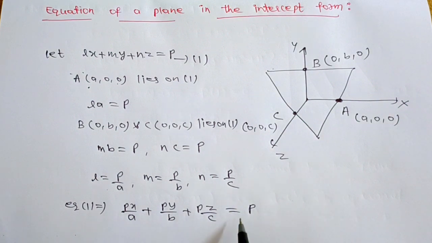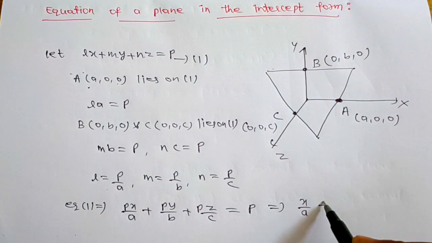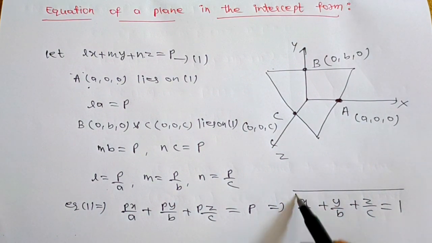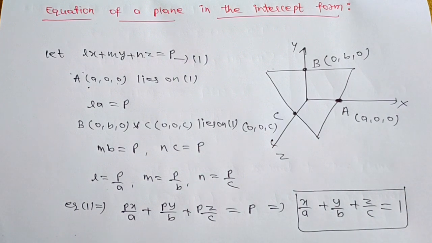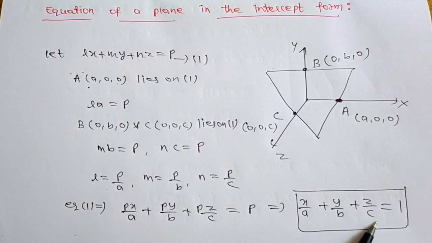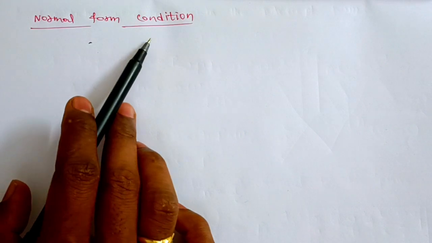Both on the left hand side and right hand side p cancels, which becomes x by a plus y by b plus z by c equals 1. So clearly this represents the equation of a plane in intercept form. Here a, b, c are the intercepts.